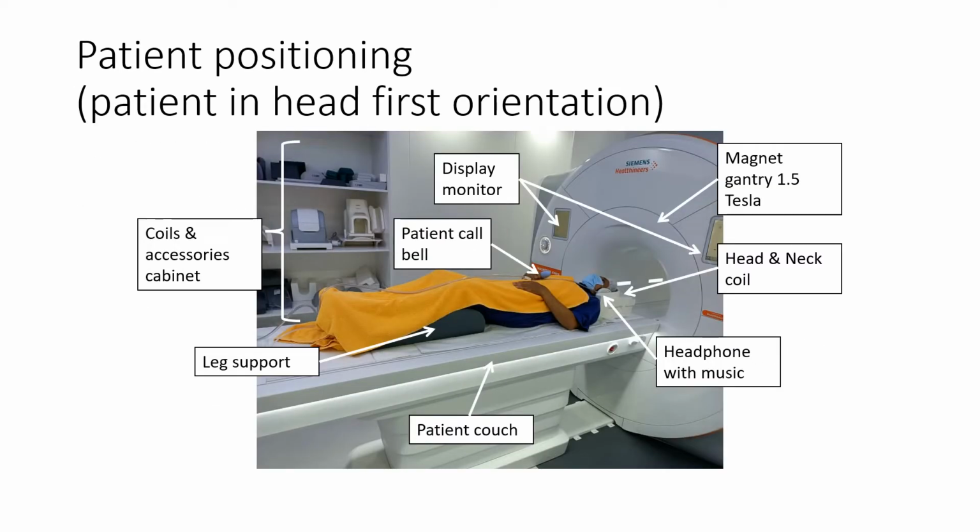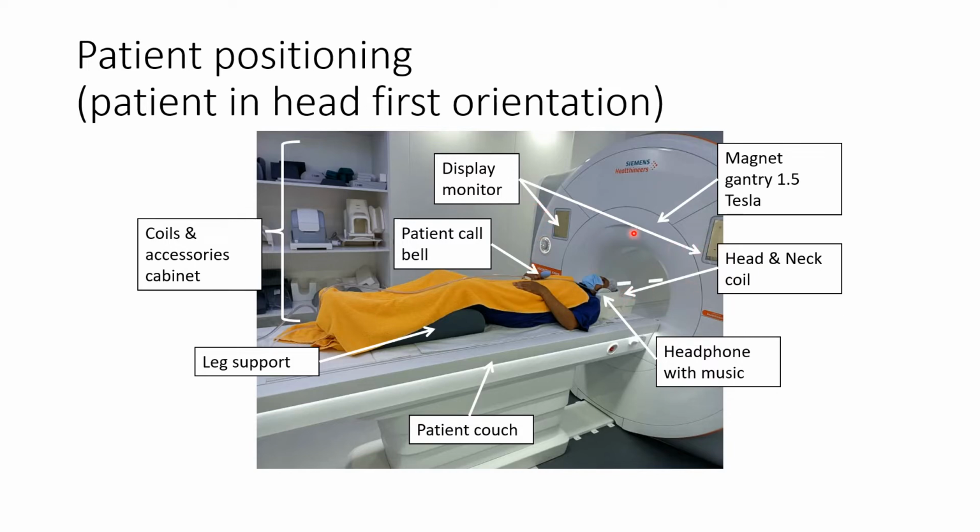In the slide, we show how we position the patient for MRI brain. The patient lies in supine position with head-first orientation. This is the gantry, which contains the 1.5 Tesla magnet. This is the head and neck coil, 16 channel.